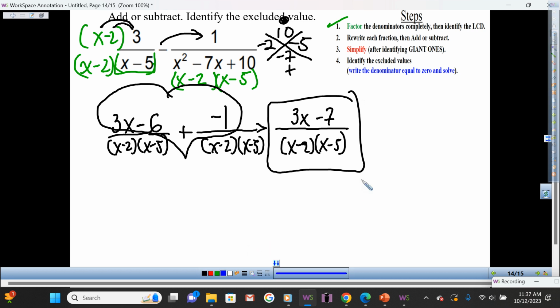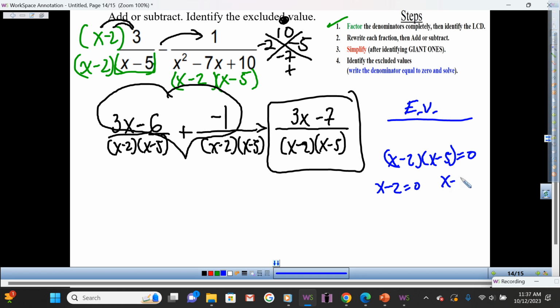However, excluded value. Tell your neighbor what to write to begin finding our excluded value. What do we write? Then Ryland's going to enlighten us. Ryland, yeah? He said x minus 2 times x minus 5 equals 0, and then set each one equal to 0.